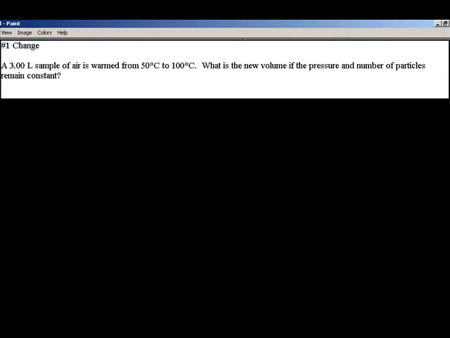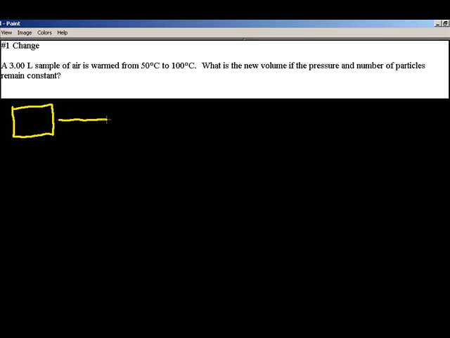Right. Let's now take on a new type of problem. In this problem, we're going to take a container, and we're going to change things on this container.